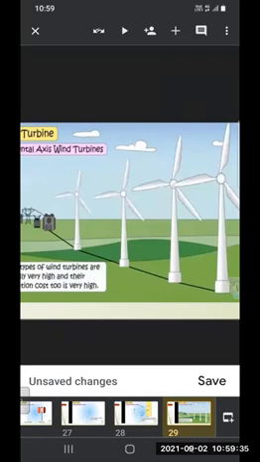This type of wind turbines are very high and their cost is very high. Okay, so installation is not very cheap. For the wind turbines, it is very costly.